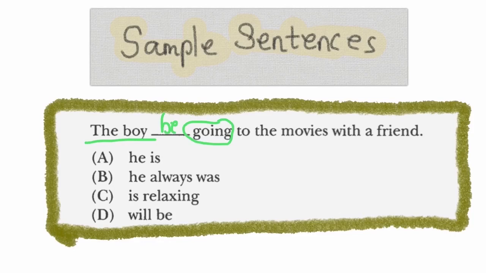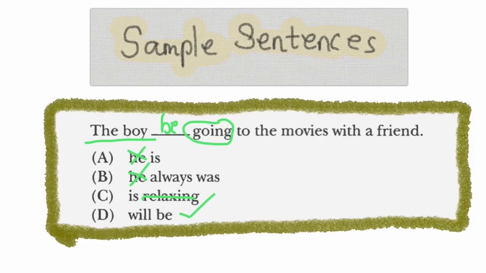Answer A and B are incorrect because the sentence already has a subject, boy, and does not need the extra subject, he. Answer C is incorrect because relaxing is an extra verb part that is unnecessary because of going. Answer D is the best answer. Will be together with going is a complete verb.